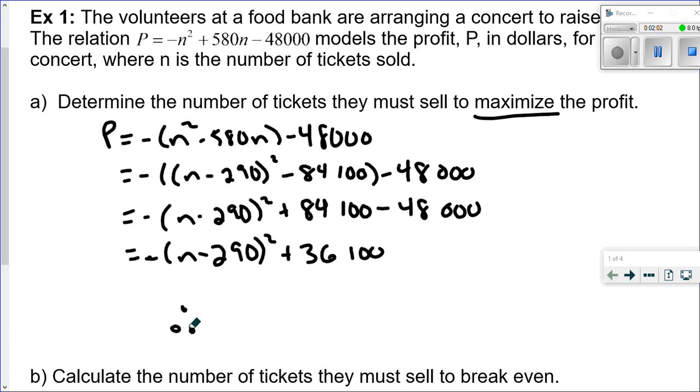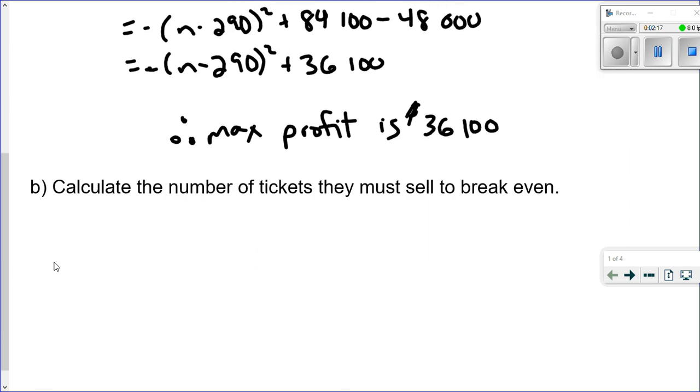So once we've got this, max profit is $36,100. Okay, calculate the number of tickets. Well, in this case, it's already calculated.